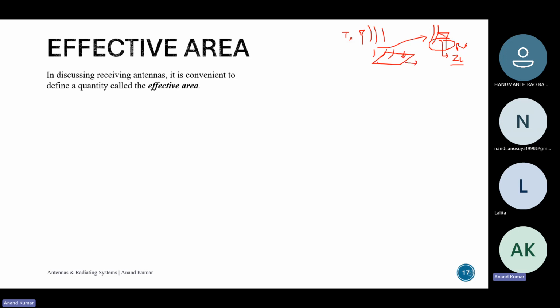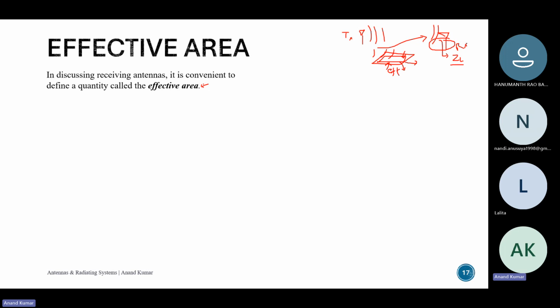So therefore we can define a parameter which is an effective area, which gives us a quantified value of the antenna which is actually receiving. So not the entire area of the antenna will receive; not all the waves which are incident on the antenna will actually be received.